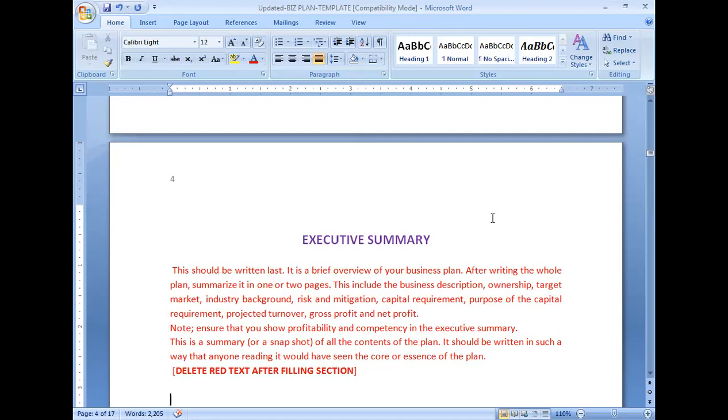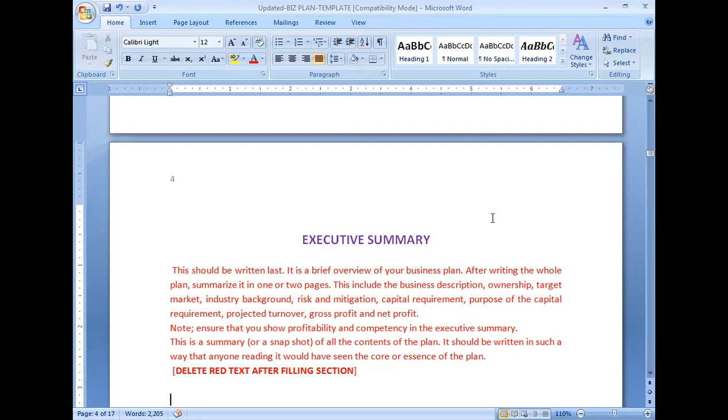So when preparing your executive summary, all that you need to do is to go to each chapter of your business plan and harvest or copy the most vital information, paste it in your executive summary, and summarize it.